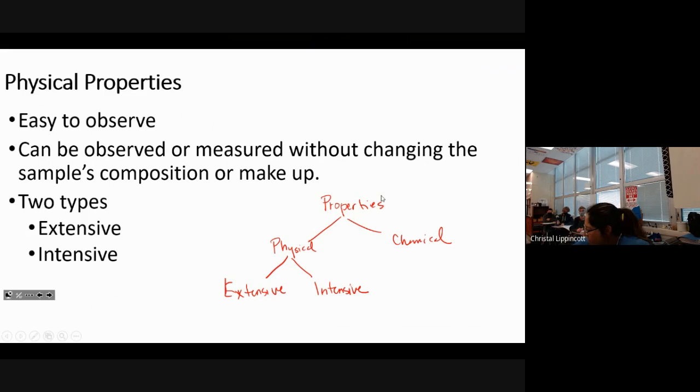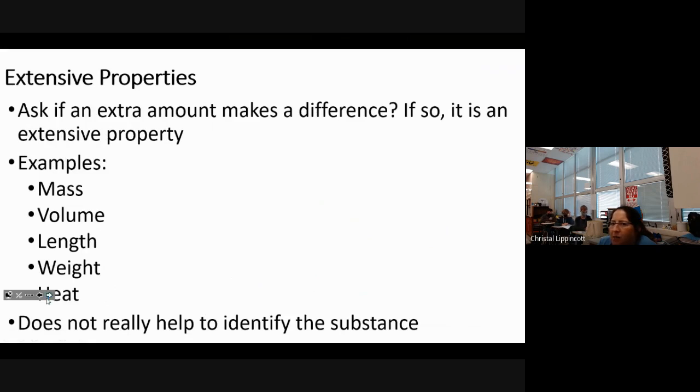If I take the mass of this, it's still going to be a cell phone when I'm done. Nothing's going to change about that, as opposed to chemical properties, which we'll get into in a second. Extensive properties: I'll let you write some of these down in your notes, then we'll talk about them.